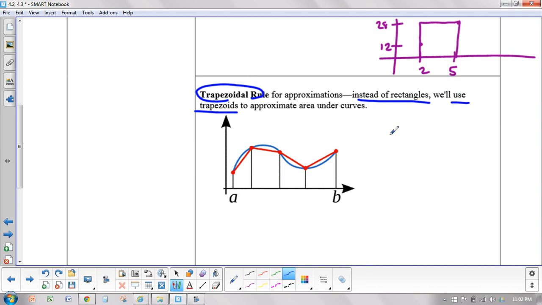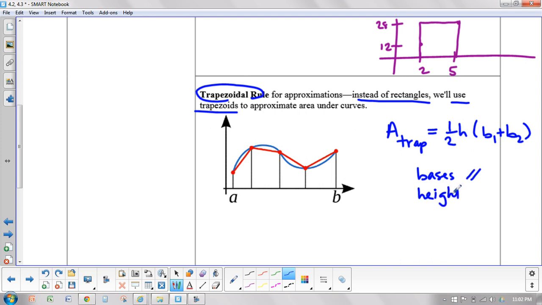Well, it might take some remembering, but the area of a trapezoid is 1/2 times the height, and then you add up the bases, b1 plus b2. Well, you have to remember that the bases are parallel, and that the height you get from a 90-degree angle with the bases.